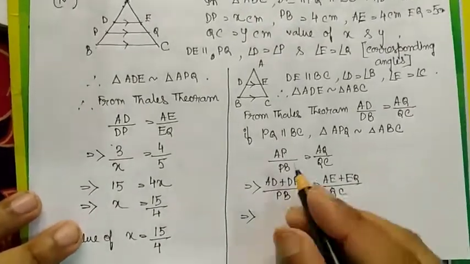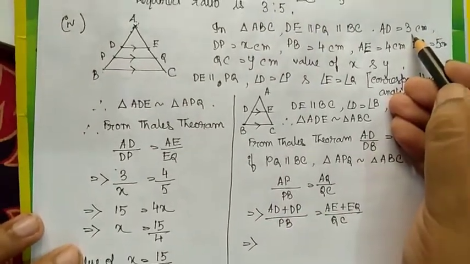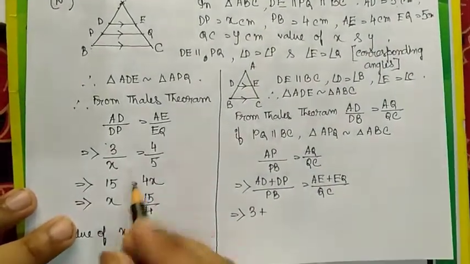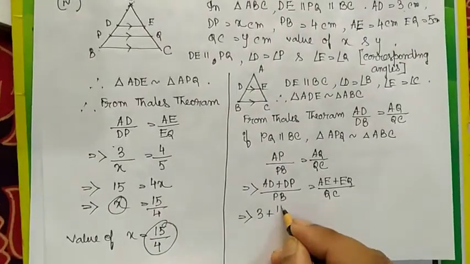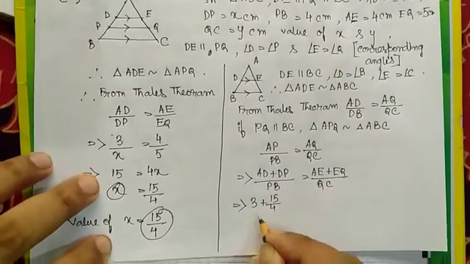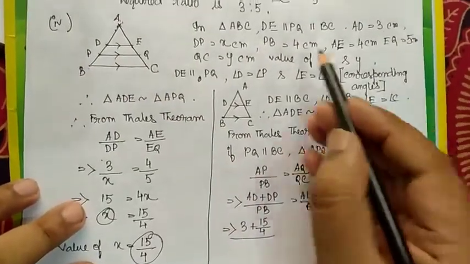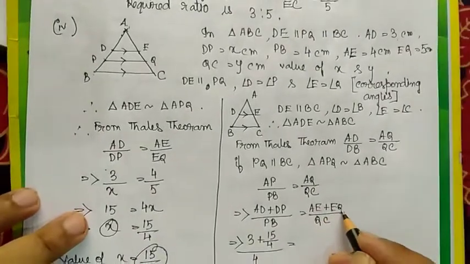Now the value of AD means 3 and DP means x, which is equal to 15 by 4. So 3 plus 15 by 4 by PB, this PB is 4, equals AE plus EQ.